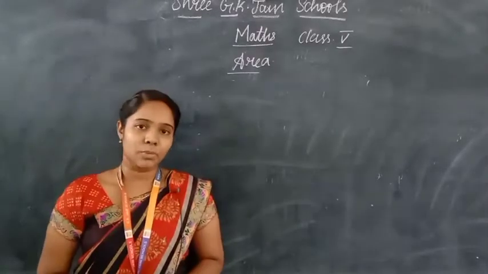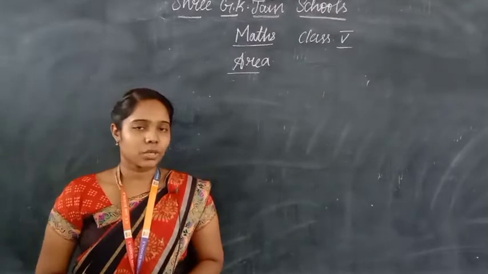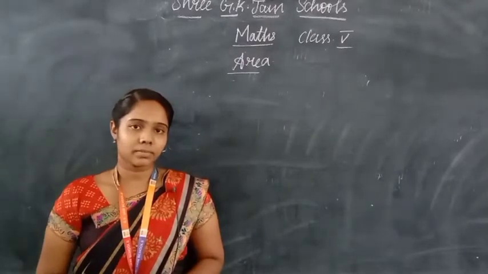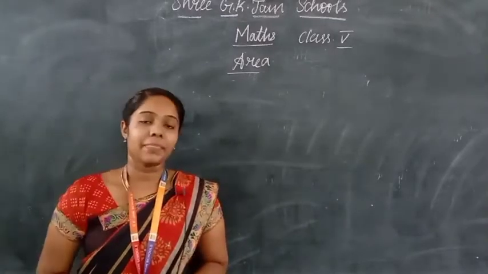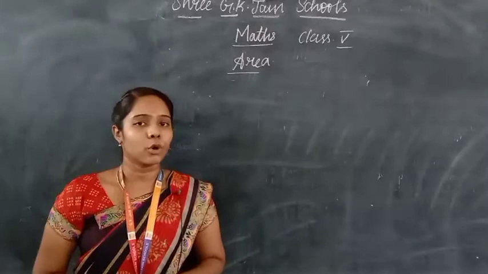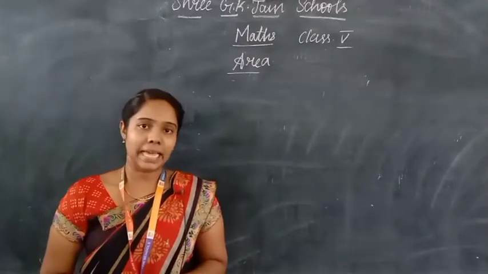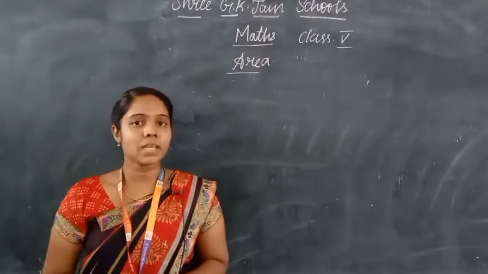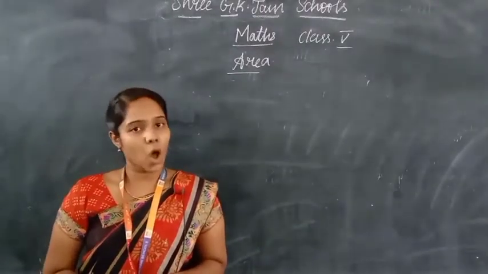What kind of measurement is required to cover the window with the mesh by Kavita's mother? Do you have any idea what kind of measurement we will use? The measurement required by Kavita's mother to cover the window is the area. So what is area? Area can be defined as the space occupied by a flat shape or the surface of an object.